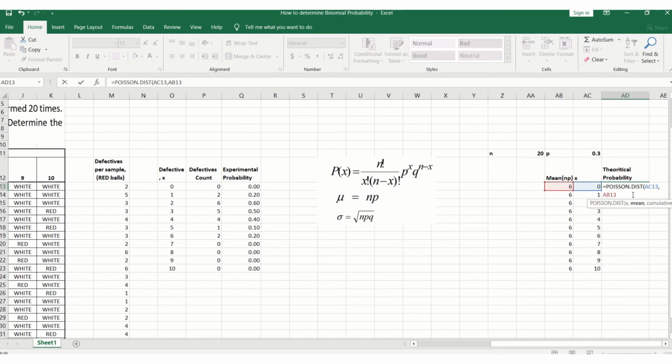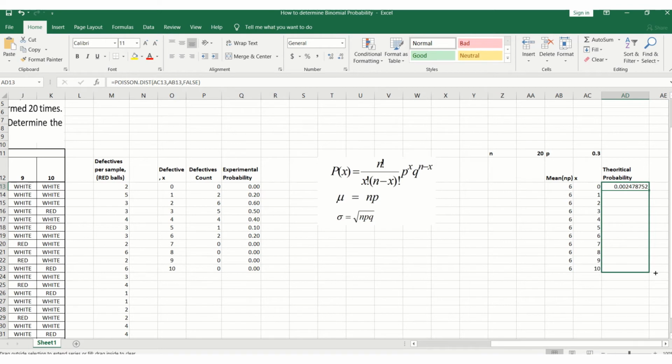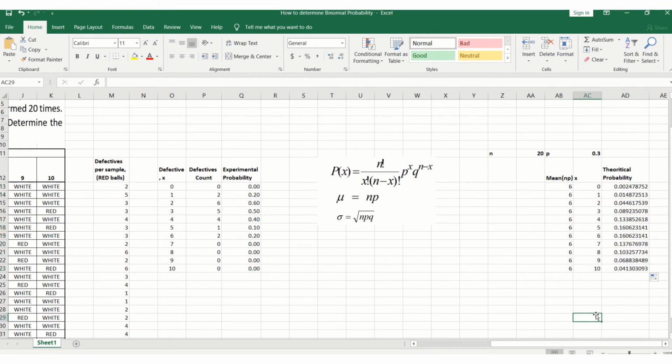After selecting the mean, what we need is cumulative. No, it's the probability mass function values we are computing, so I just have to write false. Now I just click this. So this is the theoretical probability for 0. I drag it down. Now we have determined the theoretical probability for when x equals 0 defects, 1 defect, 2 defects, up to 10.